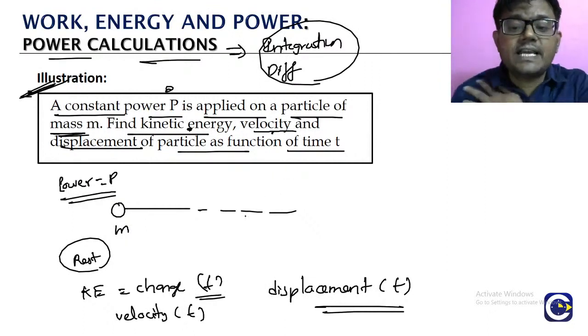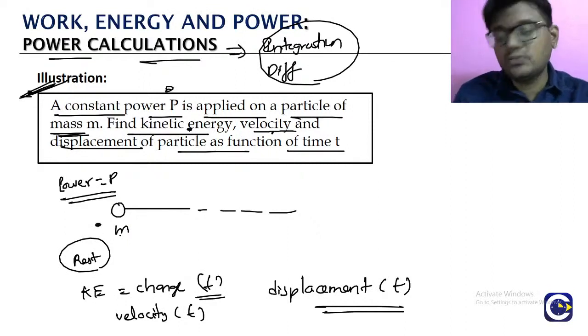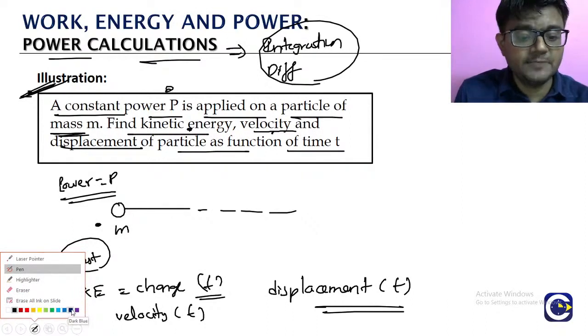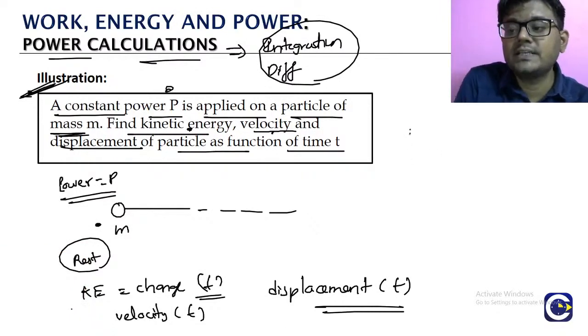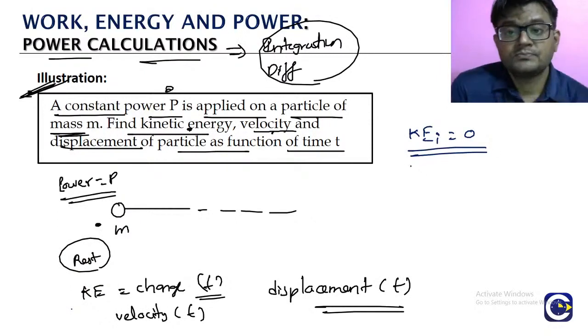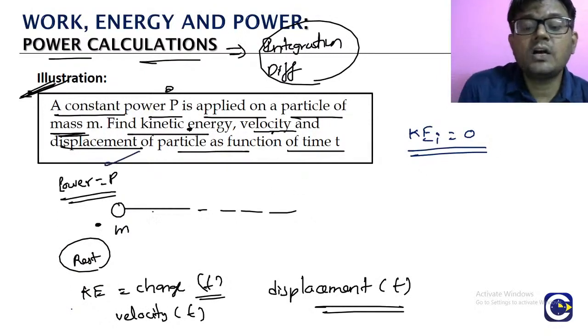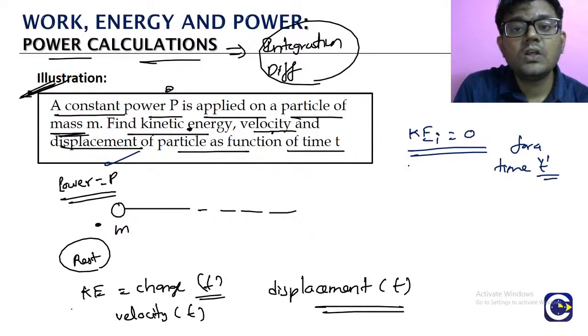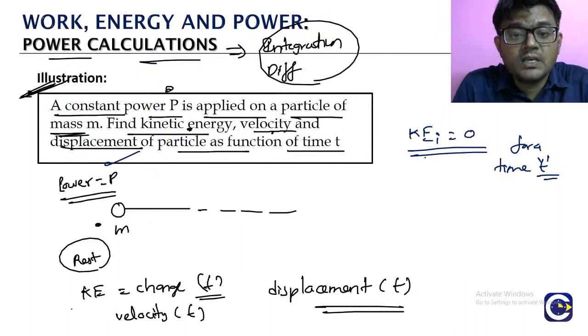If we start with kinetic energy, initially we are assuming that it is at rest. What is the initial kinetic energy? Since we are assuming it is starting from rest, it will be taken as 0. Now we are dealing with a constant power. For a time t, what is the total work done by the power?